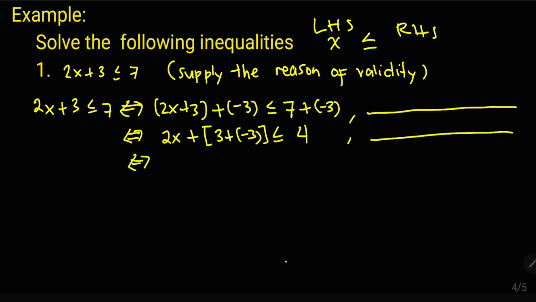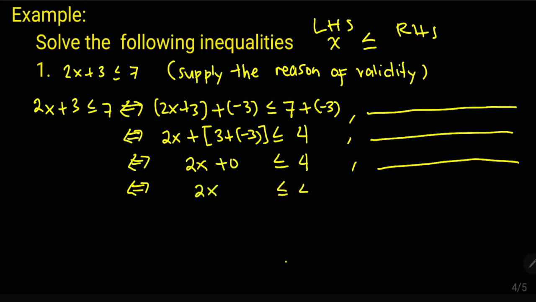By regrouping 3 and negative 3, we can see that this is equivalent to the statement 2x plus 0 is less than or equal to, we're just copying, 4. What's the reason? Why were we able to replace 3 plus negative 3 with 0? Now, 2x plus 0 is simply 2x because, again, supply the reason for validity.